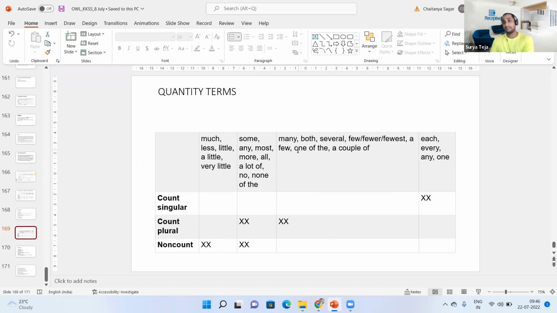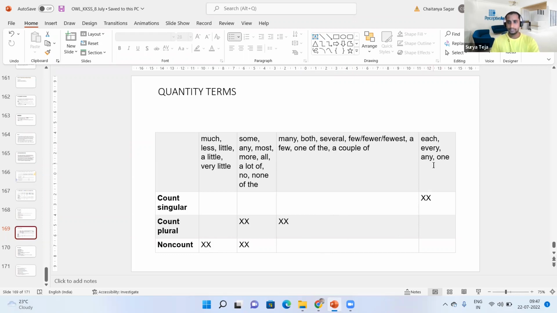You will say many difficulties, because the non-count noun is then used in a count sense, pluralized. Many would be applicable there because many and both can be used for the plural sense. But for a non-count noun, which cannot be pluralized, many, both, several will not make any sense here.